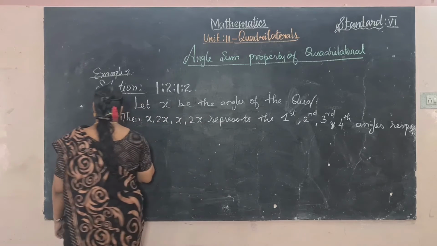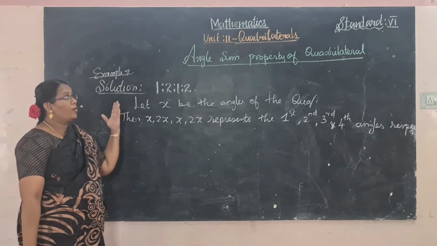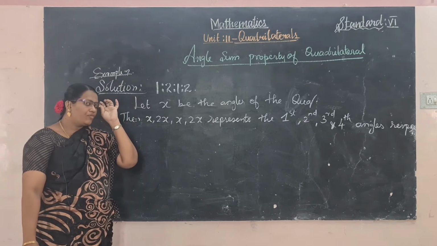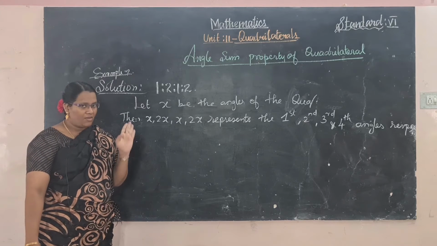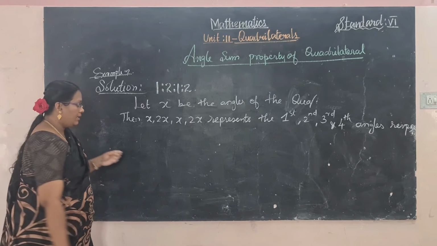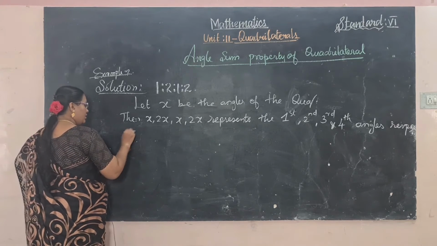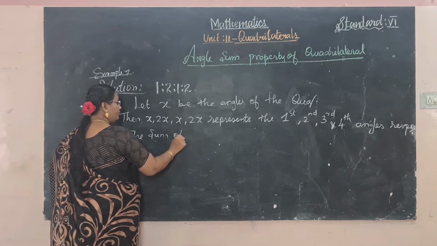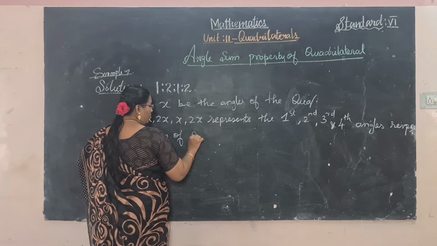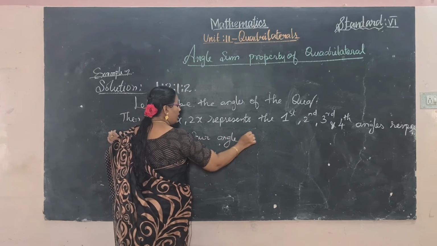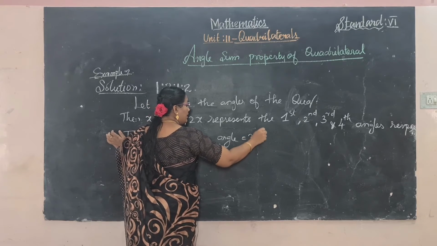Okay. Now which property have we used? Angle sum property of quadrilateral. Angle sum property of quadrilateral means the sum of four angles is 360 degree.